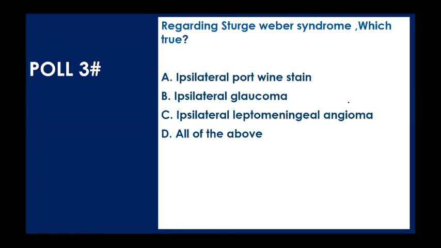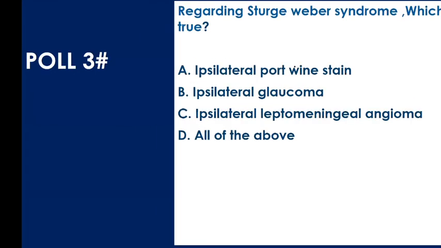D. Amir, good. Tabarak, good. D, yes, all of the above. Yes, it is an AV malformation of the brain. There is port wine stain, ipsilateral glaucoma, and yes.